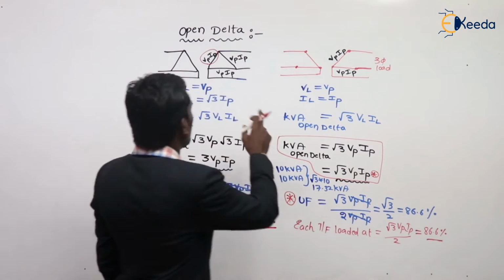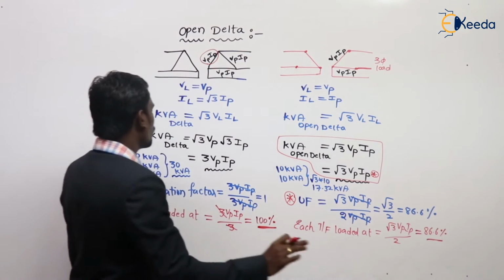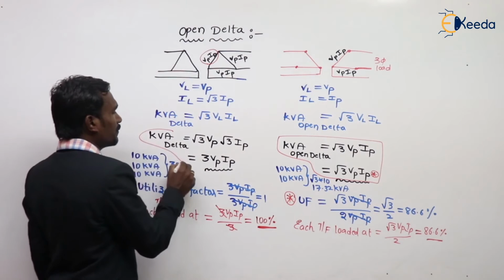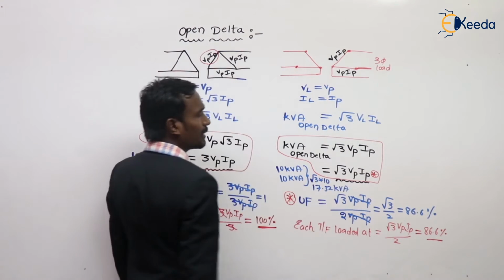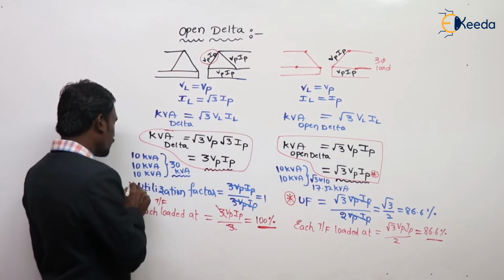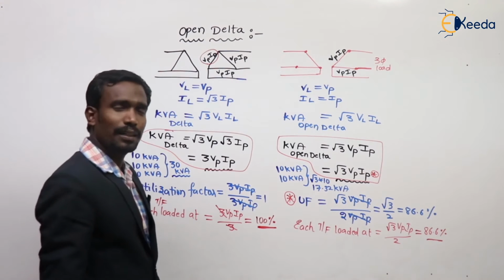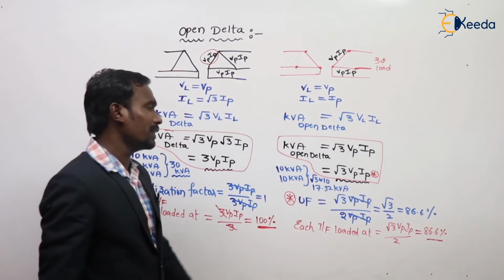This is the open delta configuration. So here you have to remember the kVA rating of delta is 3 times V phase I phase. The kVA rating of open delta is root 3 times V phase I phase. And here the utilization factor of delta is 100% or 1, and each transformer is loaded at 100%.